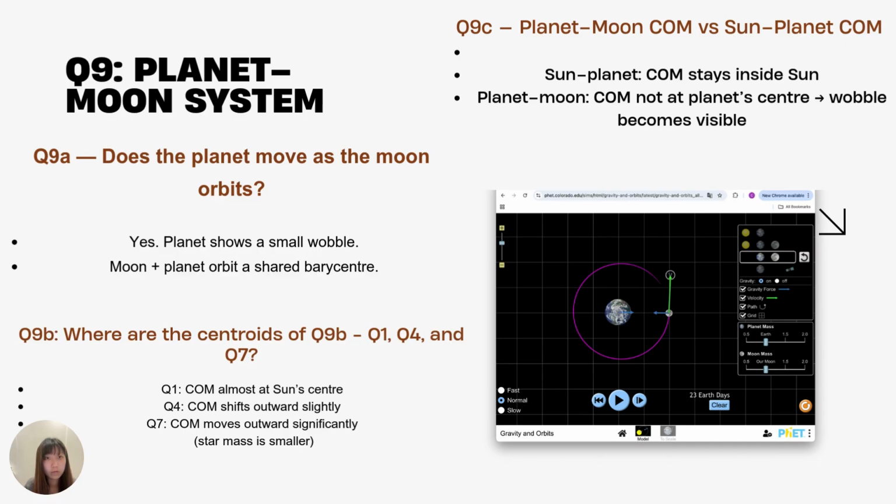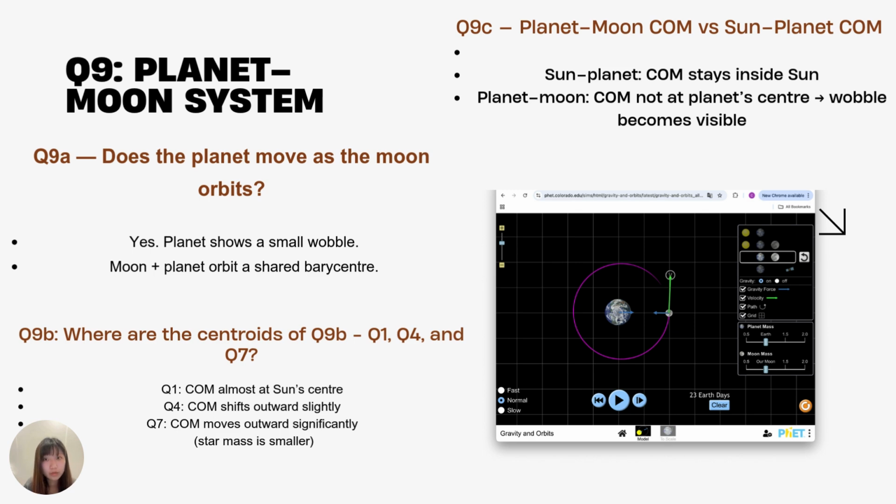And for question 9, the planet-moon system, the moon orbits the planet, but the planet also moves slightly. This small wobble happens because both objects orbit a shared center of mass, called the barycenter.